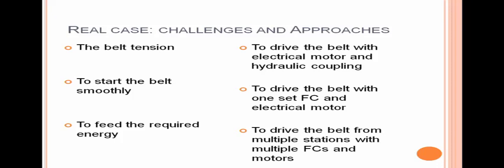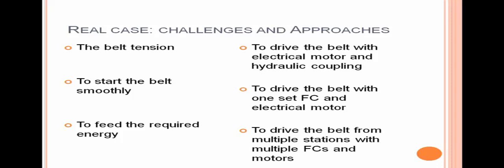You can start the system fast, or you can give it time, and this way the belt conveyor will start up very smoothly mechanically, and at the same time you have the operating speed under your control. But of course frequency converters are much more expensive than hydraulic couplings, and they are, let's say, more complex systems.